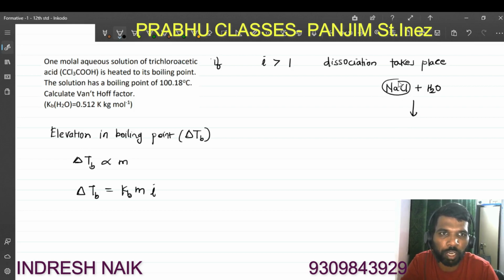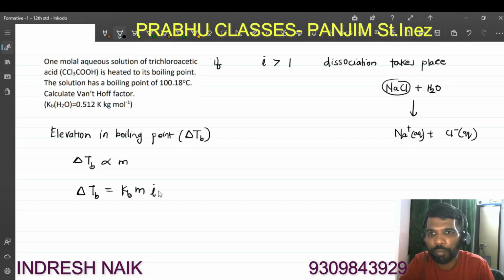This was one particle of NaCl, and now it splits as Na plus and Cl minus. In aqueous solution this is considered as two particles. So the i factor for NaCl dissolved in water will be 2.